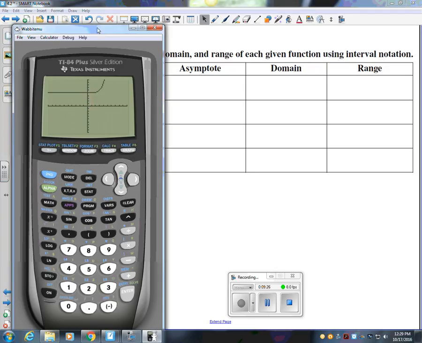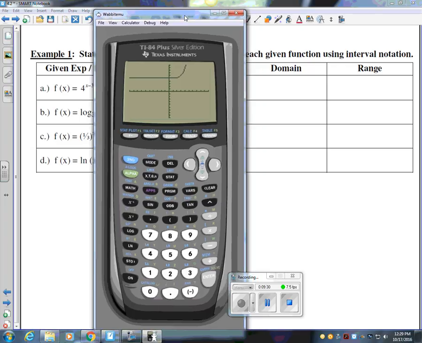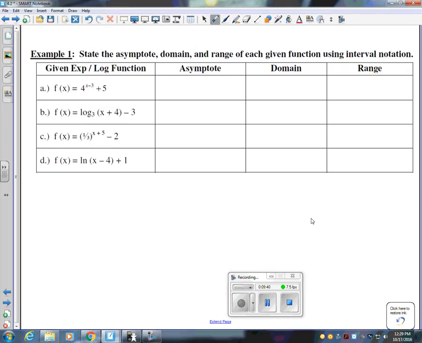All right, so the calculator will help you with the domain and range. So your domain on this one is going to the left forever and the right forever. So that is negative infinity to infinity.